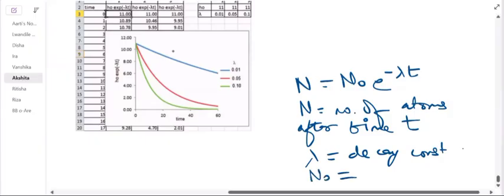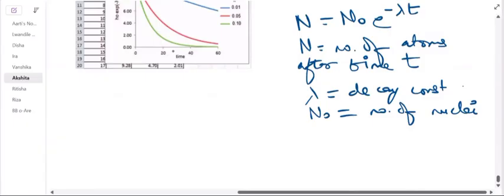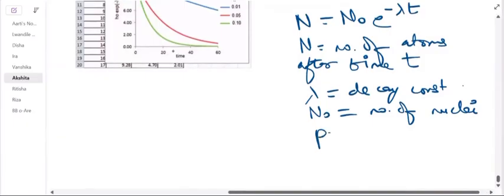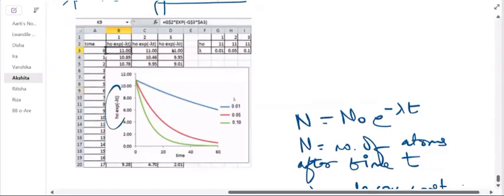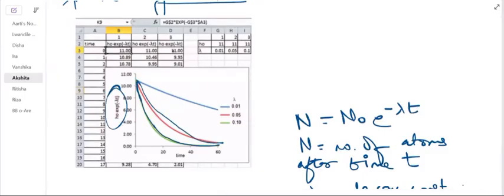N naught is the number of nuclei present at the start. Done? Understood? Yes, ma'am. So here is the graph. You can see that exponentially they are decaying. Green is a steeper graph in comparison to red, and blue is the least steep graph.